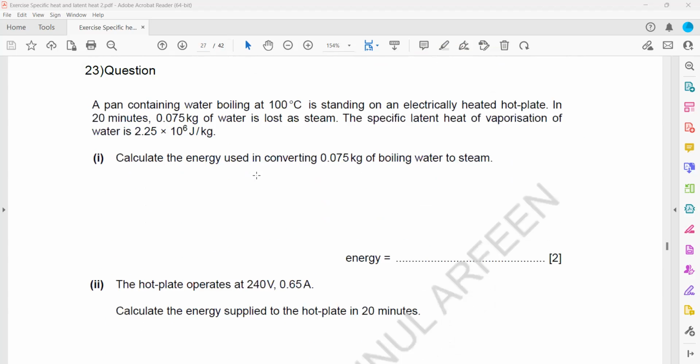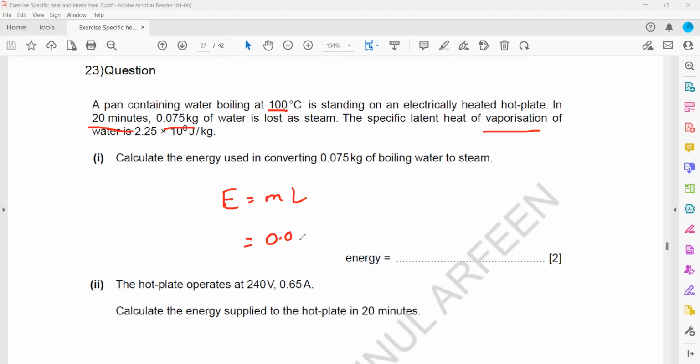Question 23. A pan which contains water boiling at 100 is standing on a heated hot plate for 20 minutes. 0.075 gram of water is turned into steam. The latent heat of vaporization is given because there's a change in state. So energy is mass times latent heat.